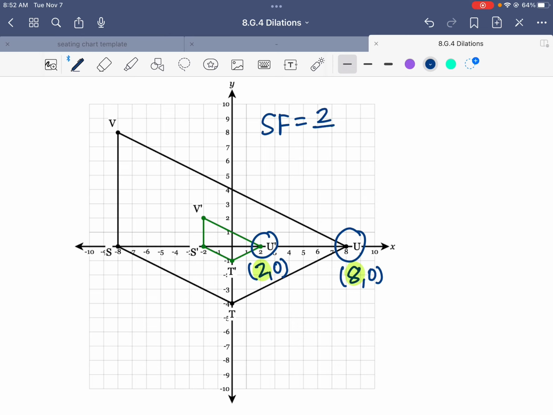And 8 is the coordinate for our pre-image, so that goes on bottom. So 2 over 8 simplifies to 1/4. Because the scale factor is less than 1, this is a reduction. And we can check to see if it's a reduction because it goes from our larger figure and it has to get smaller to get to our image.